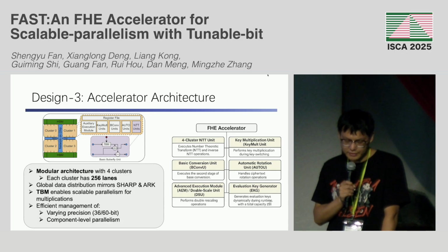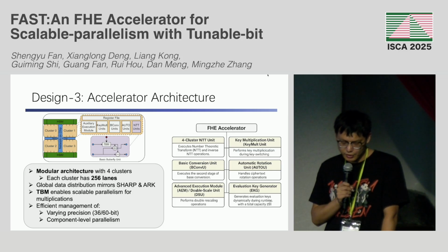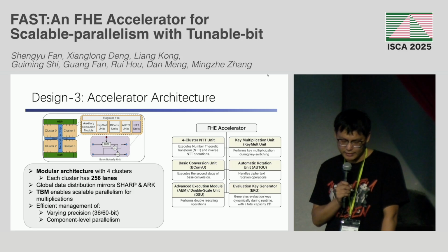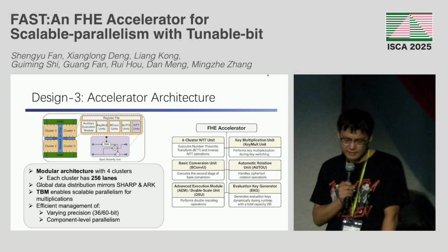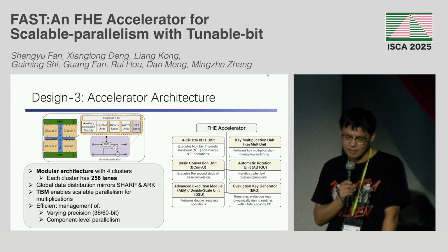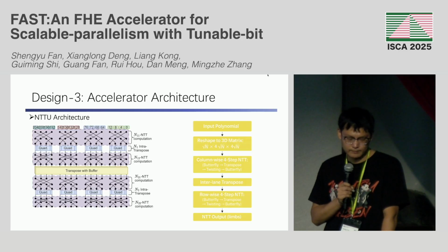The accelerator has a total of 1,024 computation lanes. Each lane integrates our TBM as its fundamental multiplication engine. Thanks to the flexibility of the TBM, FAST is able to dynamically support different precision modes, which allows it to efficiently balance performance and hardware resource usage when executing both the KRSS and hybrid key switching algorithms.